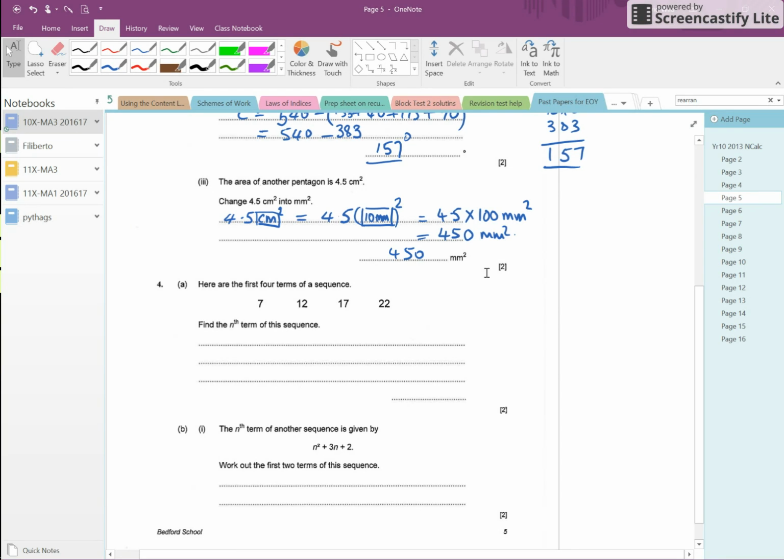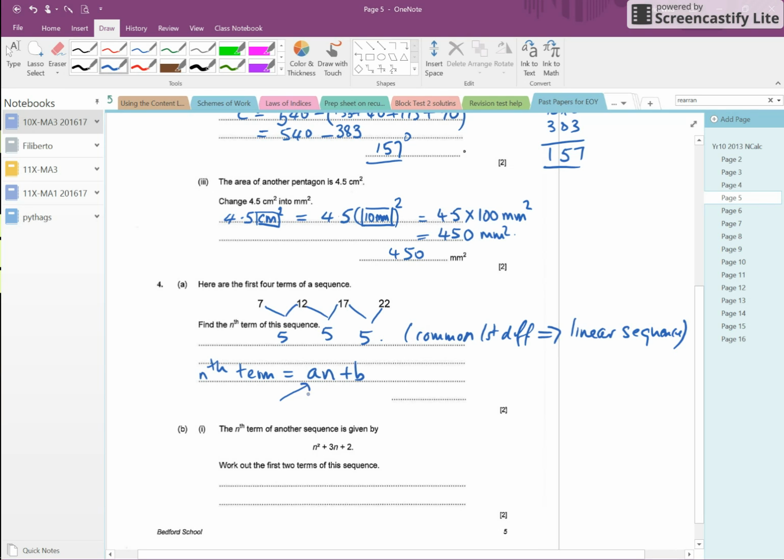Okay, find the nth term of a sequence. Right, so this is a linear sequence, and we know that because there is a common difference. As soon as you know there's a common difference, linear sequence. So common first difference implies linear sequence. And the nth term of a linear sequence is an plus b.